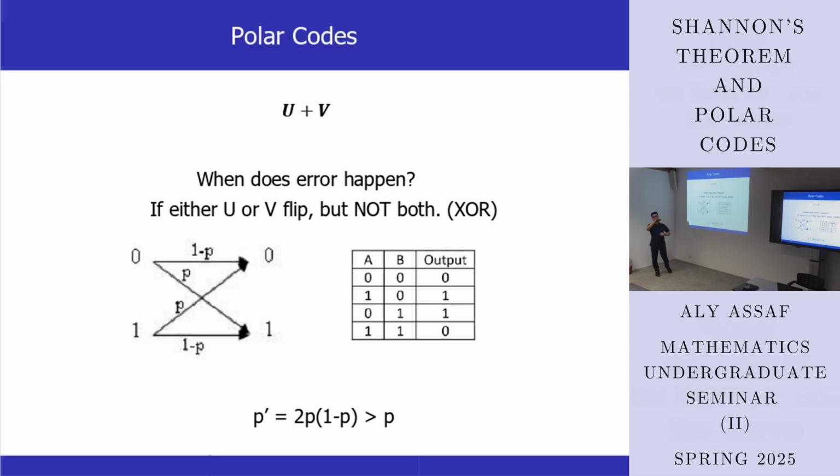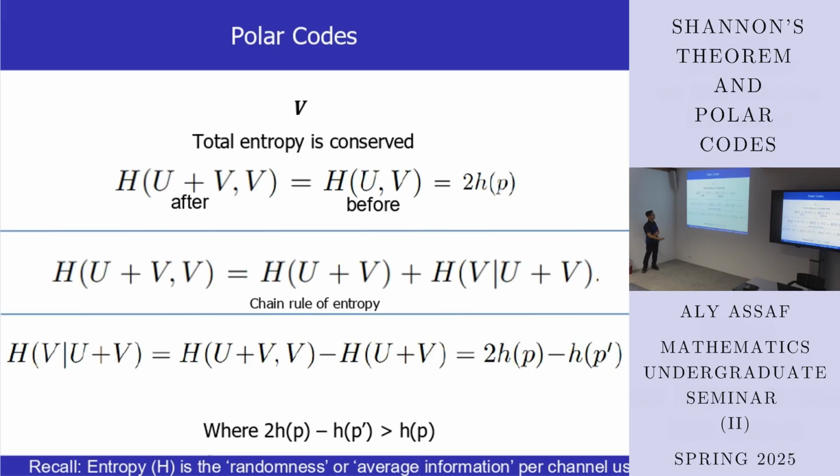Imagine each line inside of that row having some probability p. For this channel here, u plus v, whenever we do the operation, we do a simultaneous operation. That's the p prime here. And then we assign that p prime to that new u plus v. And then we do the exact same with v.